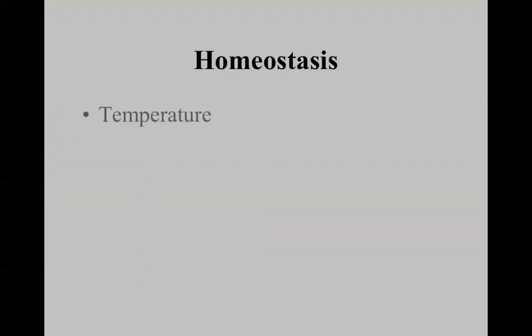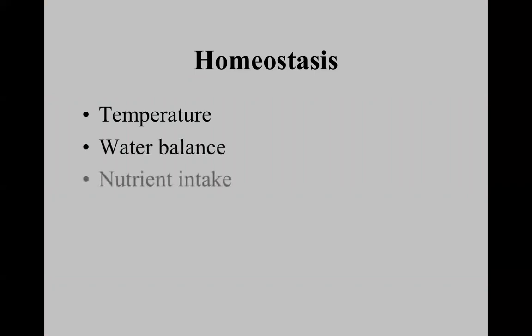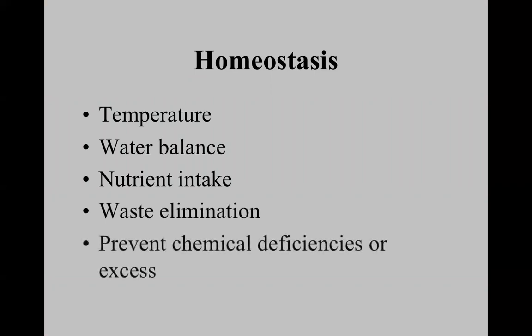Well, here are some of the factors. What's important to maintain with a cell is the temperature, the water balance, the nutrient intake, and the waste elimination. And you also want to prevent any chemical deficiencies or excesses.